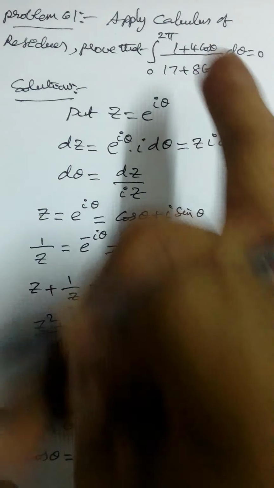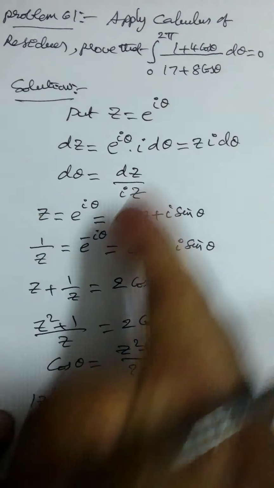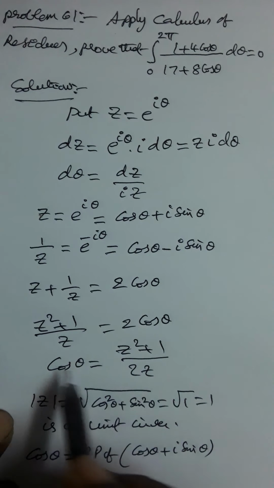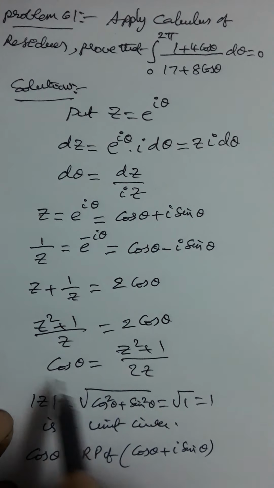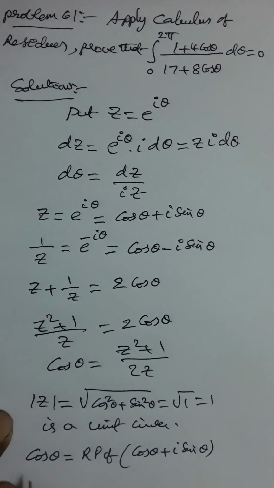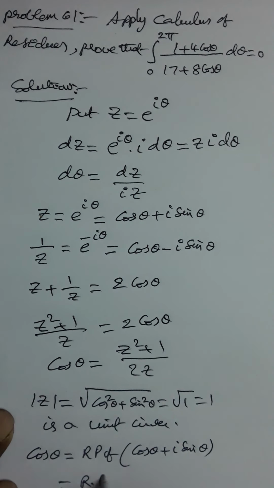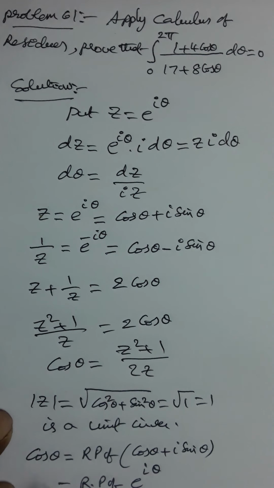For the numerator cos theta, write like this: real part of cos theta plus i sin theta, e power i theta. Real part of e power i theta means z. So cos theta can be written as real part of z.